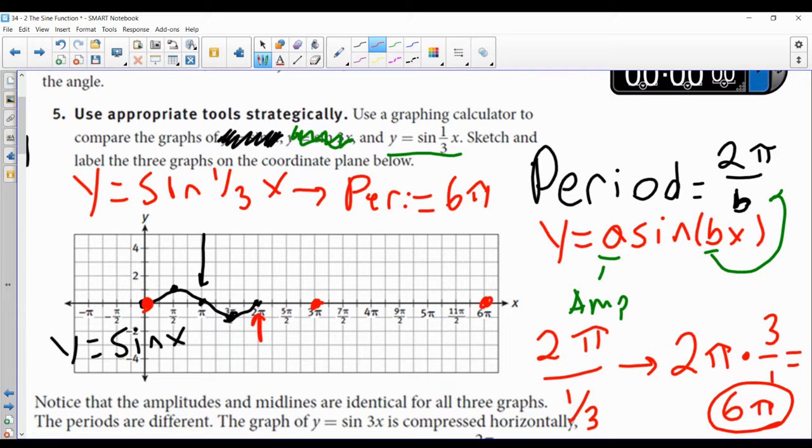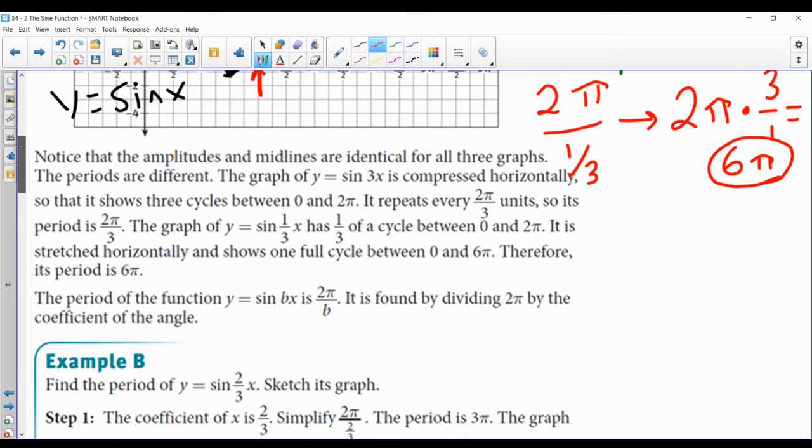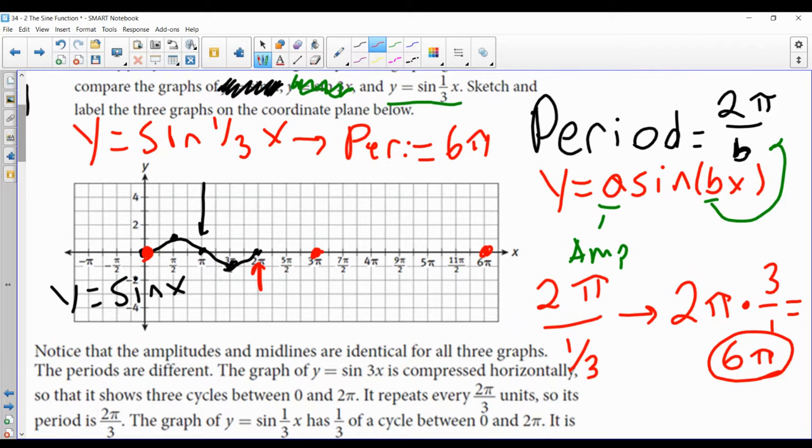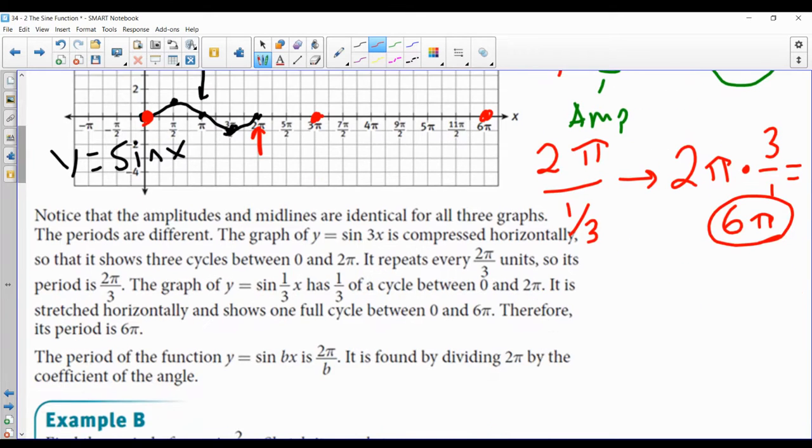Now, we could do the math to solve this. Basically, if you wanted to figure out the exact coordinates, I could take my original pi value, which was 0, and divide it by 1/3 and get the same answer, 3 pi. If at pi you have an answer of 0, then if I do the same equation and divide out the 1/3, at 3 pi I also have a 0.